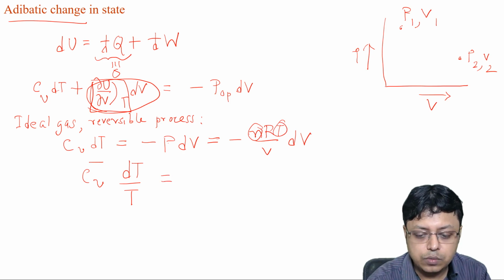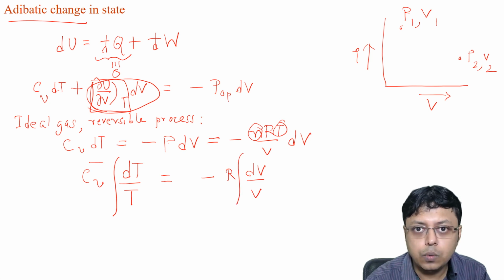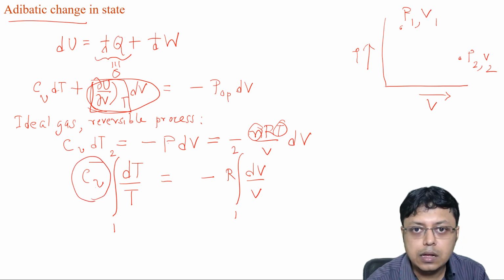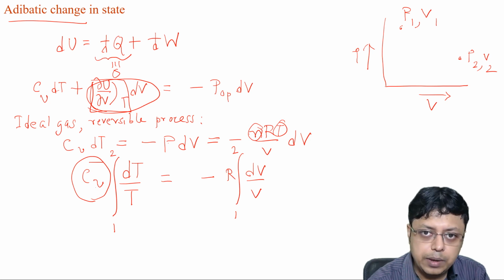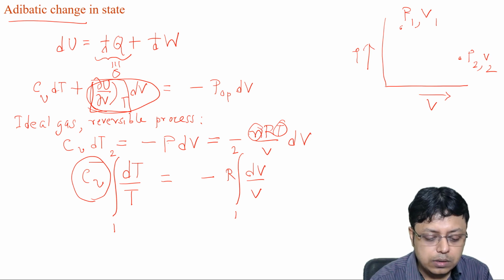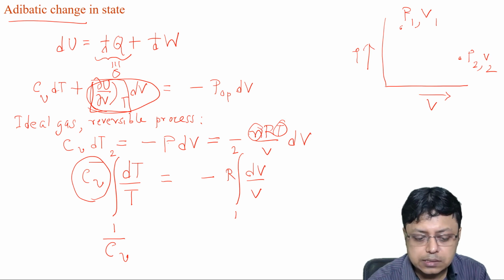On the right hand side we have then minus R dV by V. Now we can integrate between the two limits 1 and 2. Here we have approximated that Cv bar is a constant. It does not depend on temperature. It is an approximation. Now the value of the integral will be, it's basically integral dx by x.